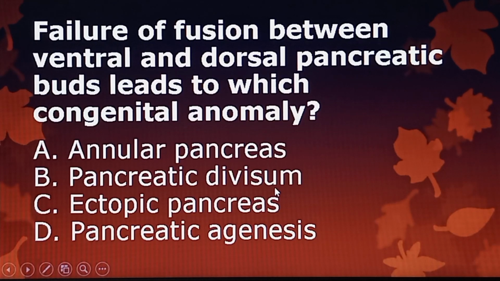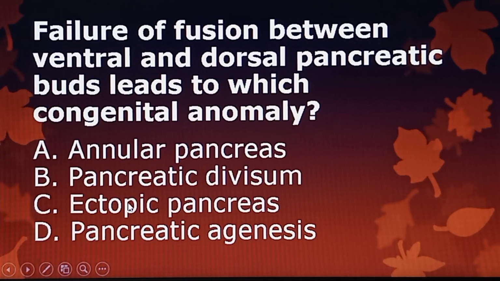So, as far as the options here are concerned, the answer is not annular pancreas. In annular pancreas, usually the ventral pancreatic bud becomes bifid. It differentiates into two, and therefore they encircle the wall of the duodenum, and it can also lead to duodenal atresia or stenosis of the duodenum.